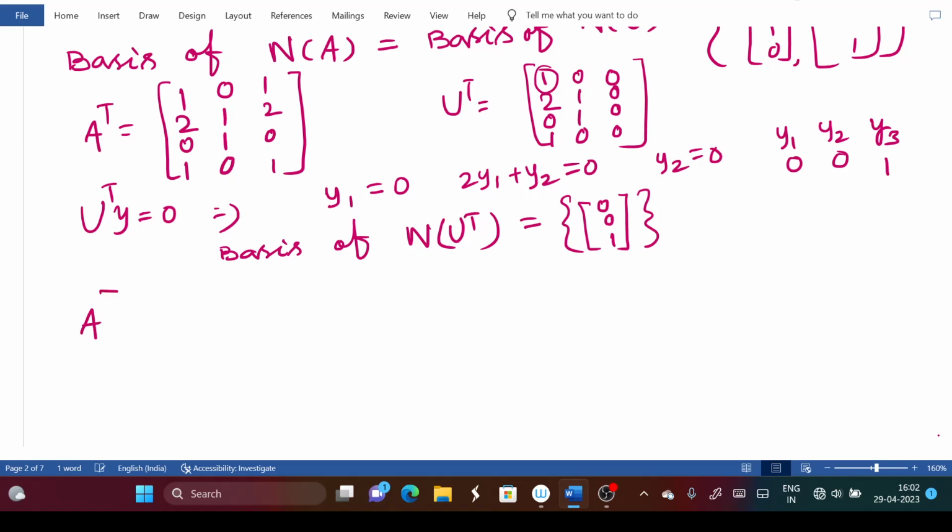A transpose y is equal to 0. So that means what equation? y1 plus y3 is equal to 0 and y2 is equal to 0. From this equation and from this equation, these two are linearly independent equations and this matrix has rank 2. Hence I have selected these two equations.